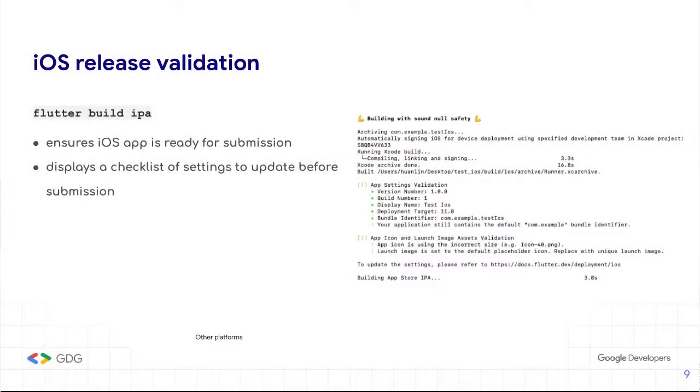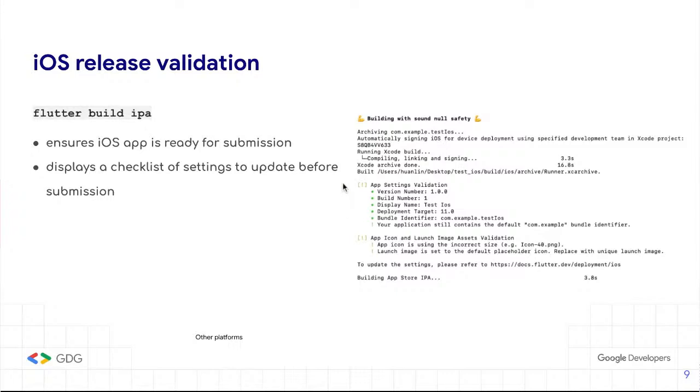The next update that we'll be discussing is iOS release validation. Previously, whenever we built the iOS app, it didn't tell us what was missing. So now, whenever we build the iOS app, it is going to display a checklist of items that need to be corrected before we submit the app.